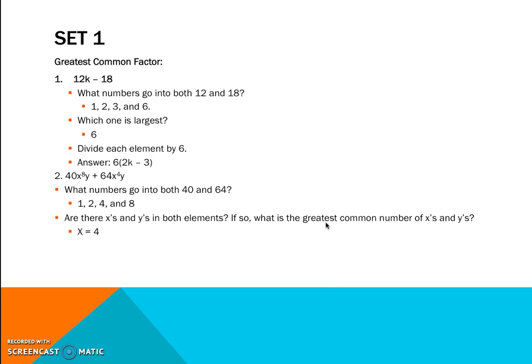Now we're going to look at y. In both of them, y is only to the first power. So our greatest common factor of y is y to the 1st. We take the greatest common factor of our integers, which is 8, and of our variables, which is x to the 4th and y to the 1st. We divide each term by 8x to the 4th y. We put what we divide by outside of the parentheses.